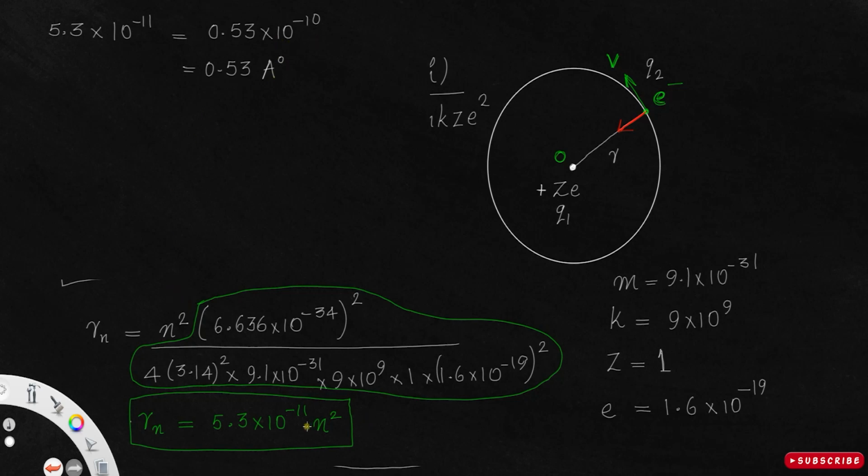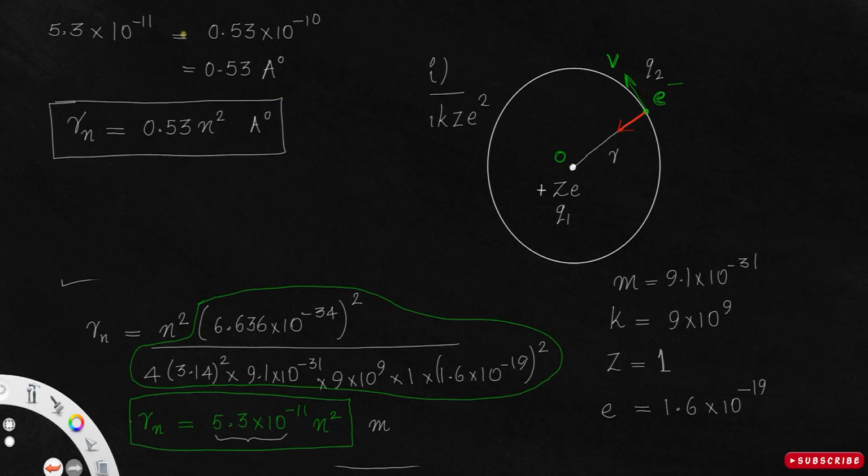See, the unit of this one is actually meter. Radius basically means the length. So this can be replaced with angstrom, so that I can write radius of the nth orbit equal to 0.53 n square. The unit is angstrom. Clear?